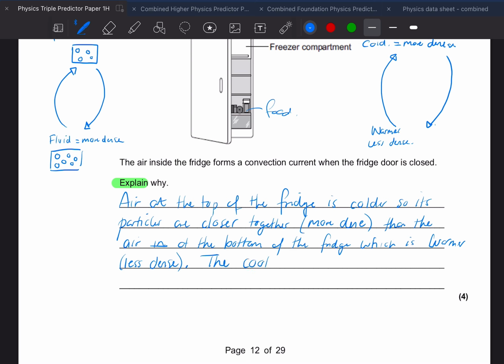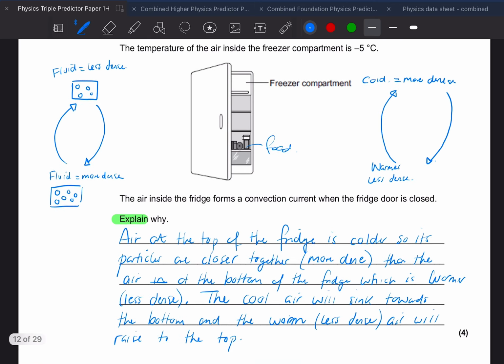The cool air will sink towards the bottom, and the warm, less dense air will rise to the top. And that is a convection current, which is describing what's happening here.